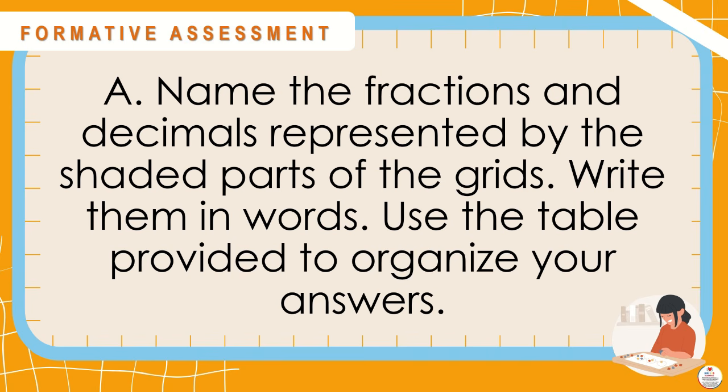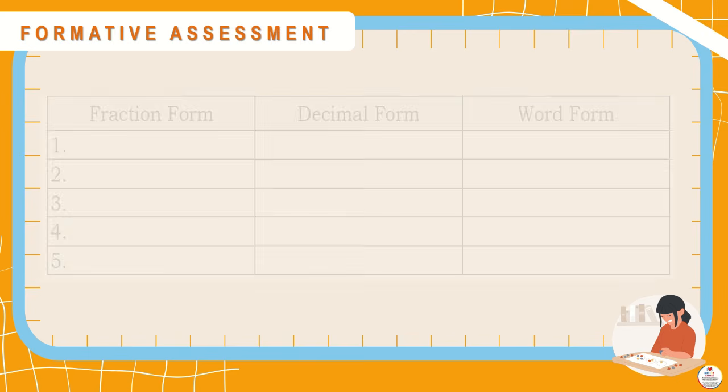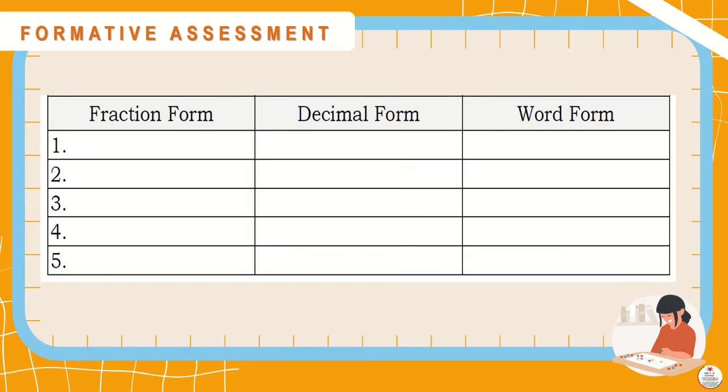For your assessment, name the fractions and decimals represented by the shaded parts of the grids. Write them in words. Use the table provided to organize your answers. For the first column, we have fraction form, second column decimal form, and third column is word form.